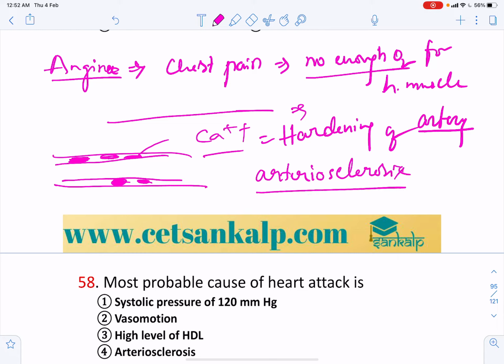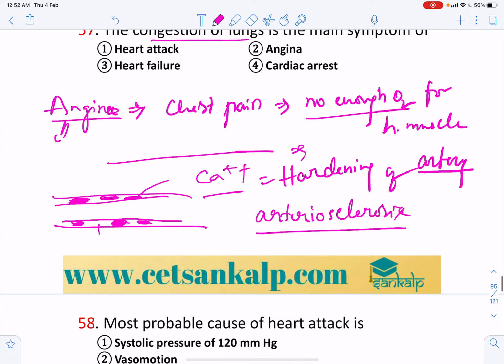Atherosclerosis is mainly coronary artery cholesterol deposition in the lumen of the artery, whereas here it is in the wall lining, right? So this is very important, and angina pectoris can be seen in middle-aged and elderly persons.